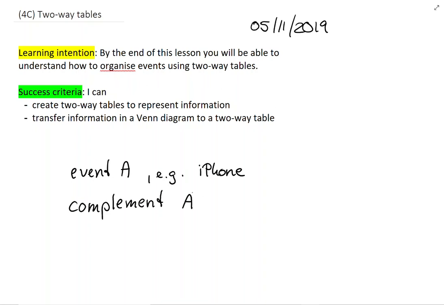You can either have it as an A with a little dash or an A with a horizontal line. Sometimes you even see an A with a little C up in the index. So there are different notations for that. However, all of them mean not A. So in our example of event A being an iPhone, not A means not having an iPhone.